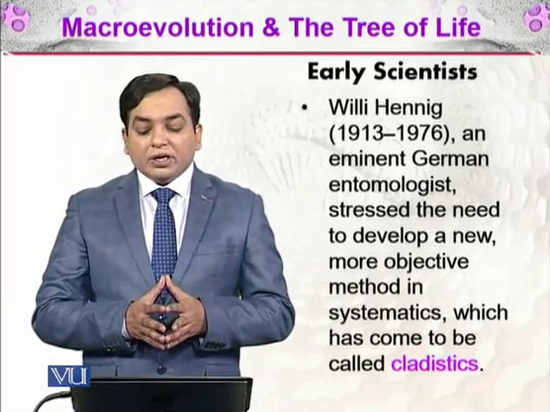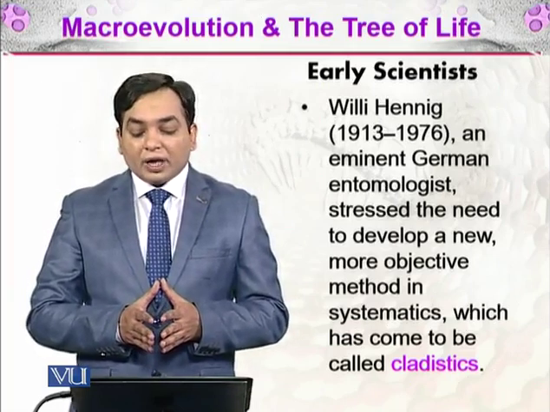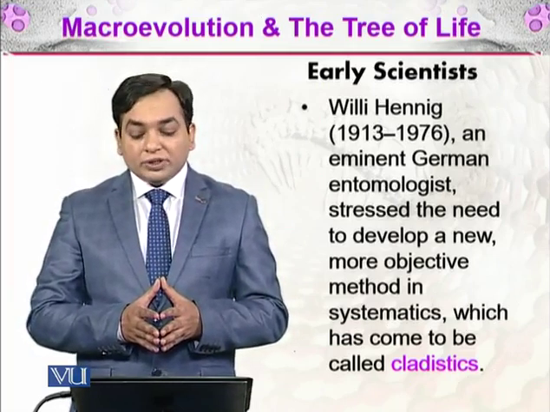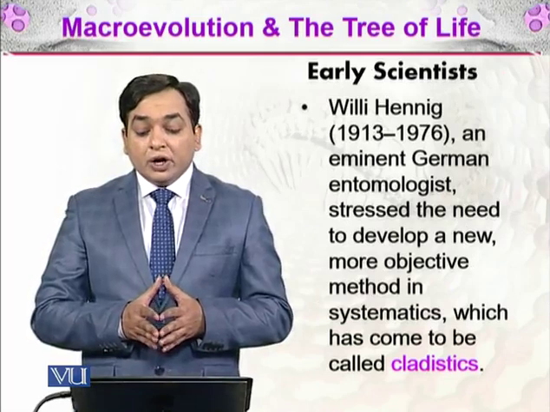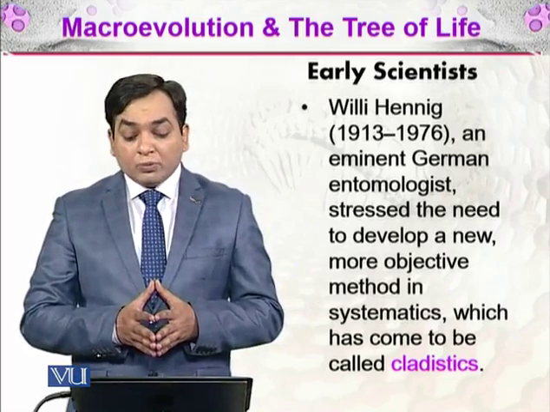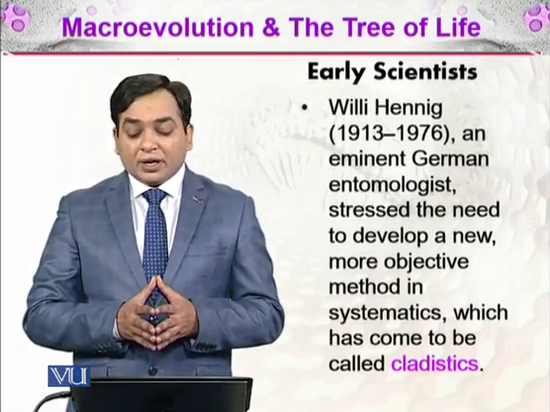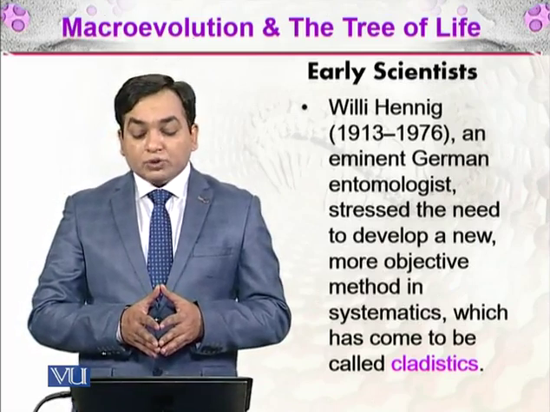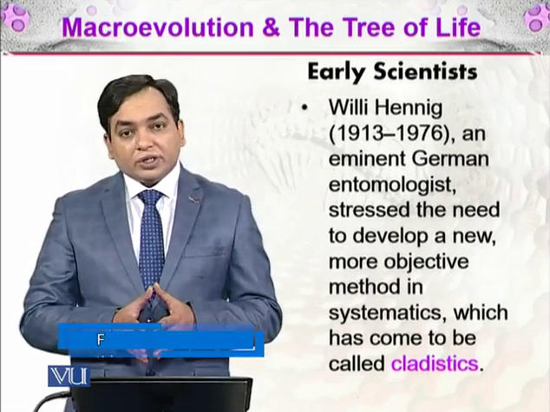Willi Hennig was an eminent German entomologist, and he stressed the need to develop a new and more objective method in systematics, which has come to be called cladistics.